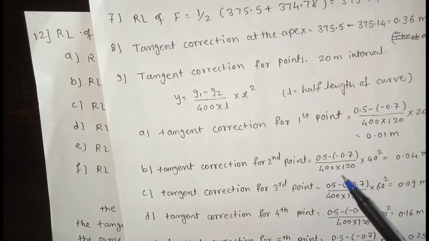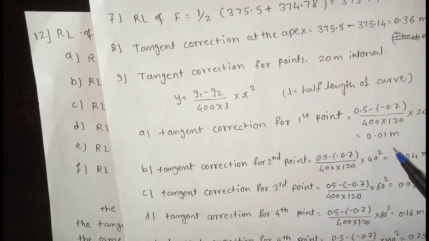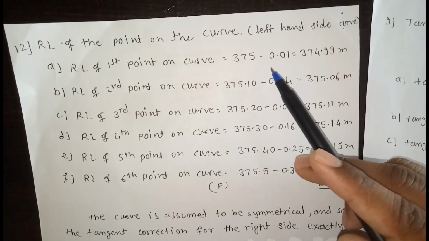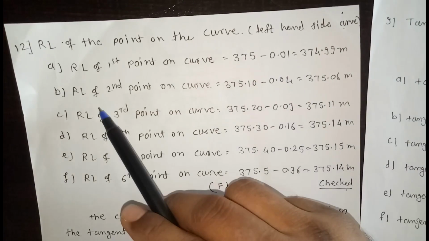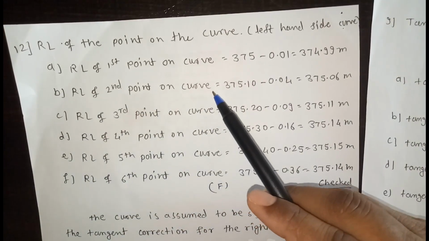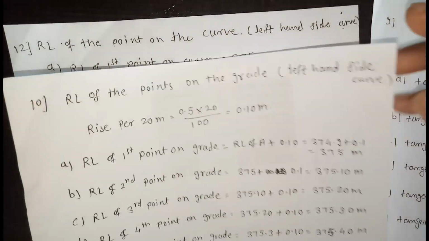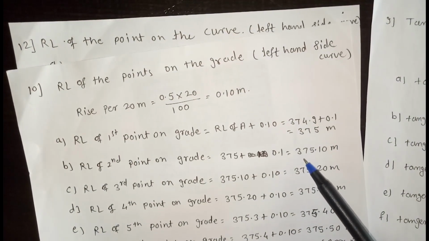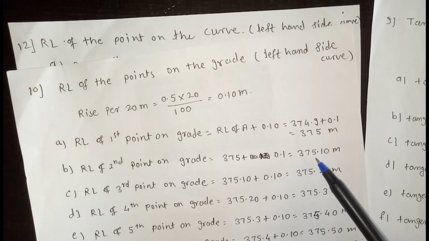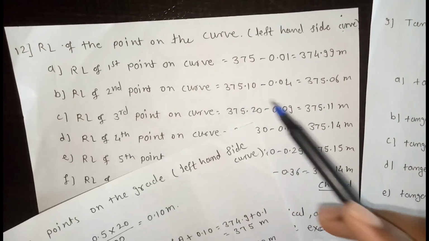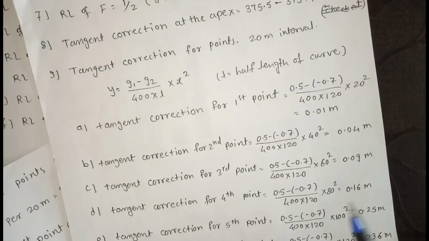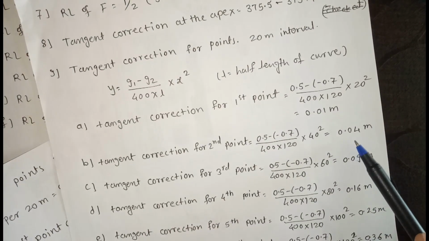The tangent correction for the first point is 0.01. Then for the second point, the RL on the grade is 375.10, and the tangent correction for the second point is 0.04.